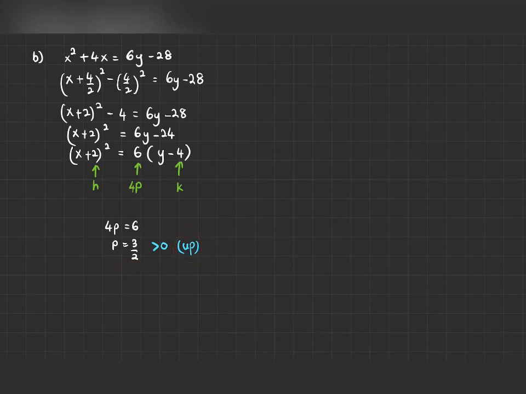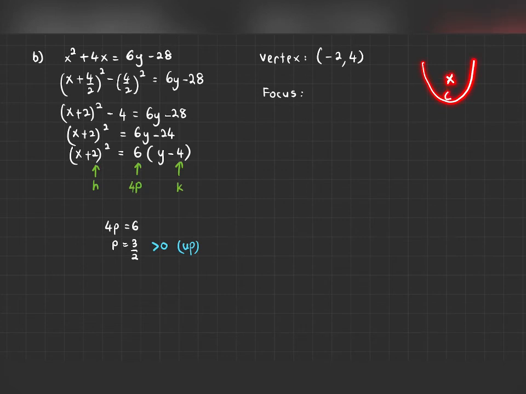Okay, so let's find the vertex. So, vertex kita sekarang ini dia berada di negative 2, 4. Okay, and then focus. Okay, so focus. So, kalau dia up, kan, dia mestilah berada atas mangkuk. So, sini senyum. So, dia berada dalam mangkuk kita.